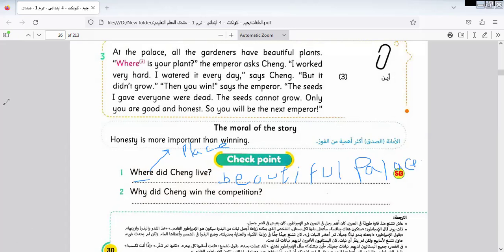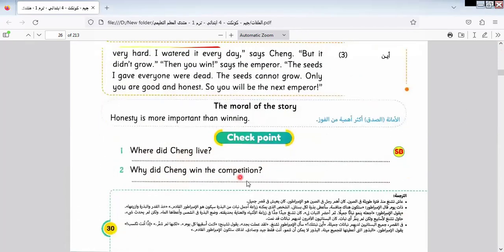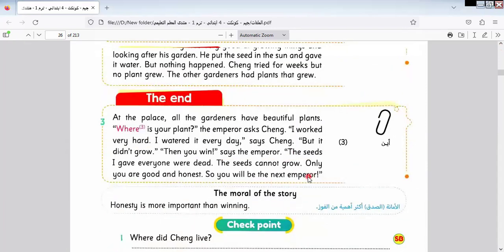Let's go to another one. Why did Qing win the competition? Let's get to know. Why did Qing win the competition?